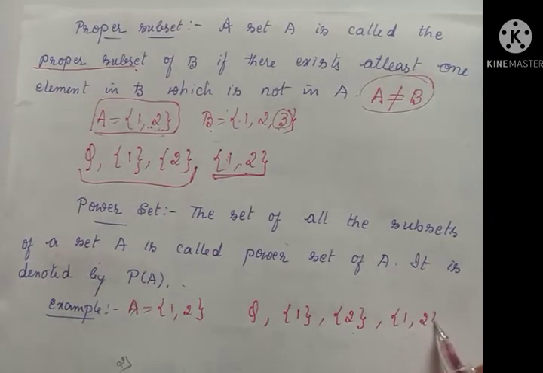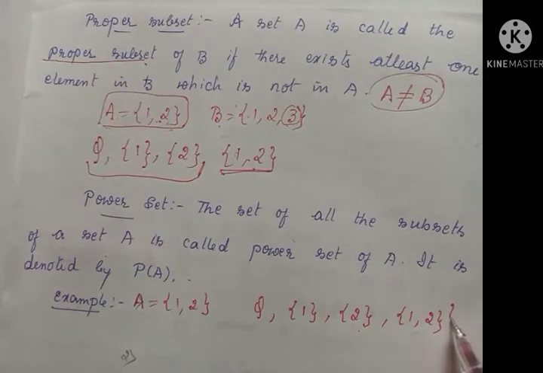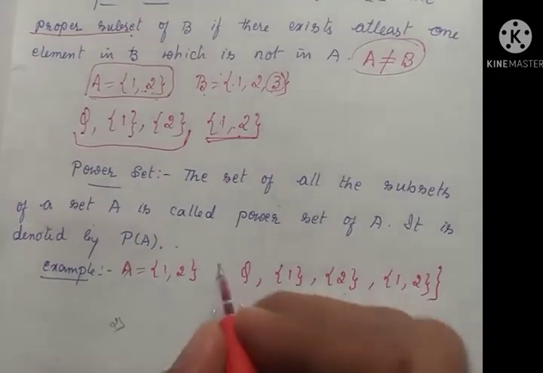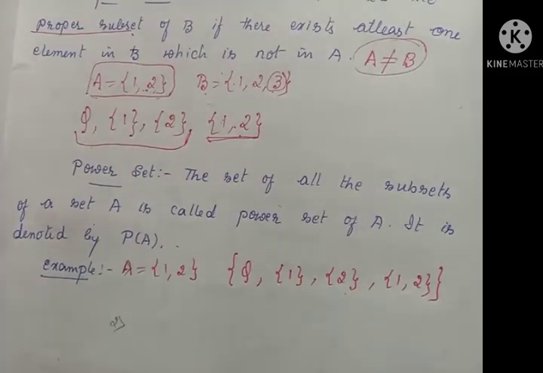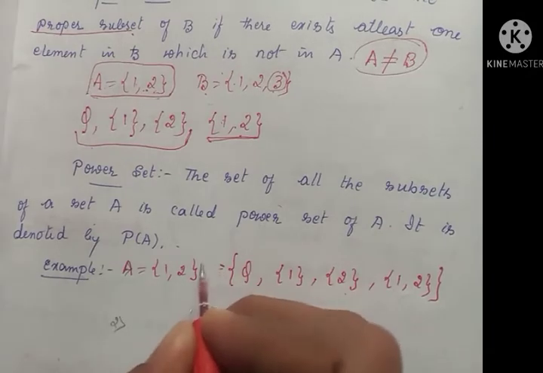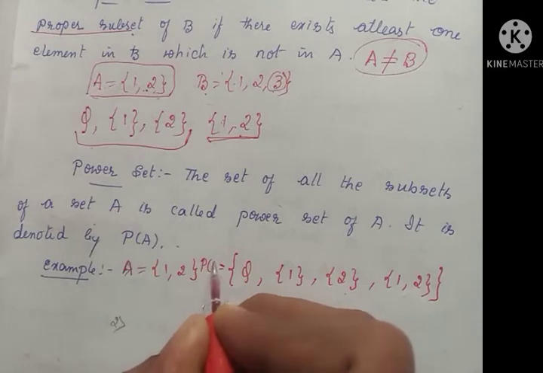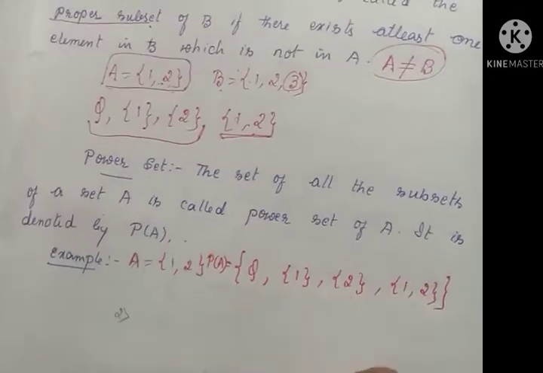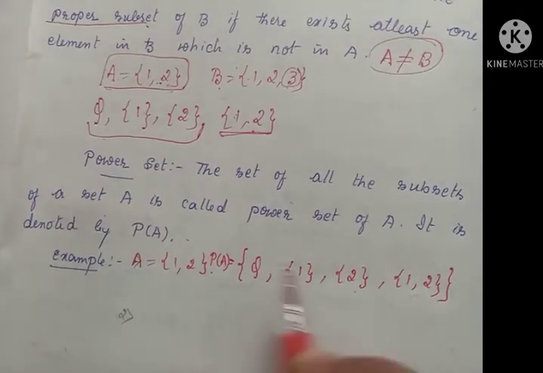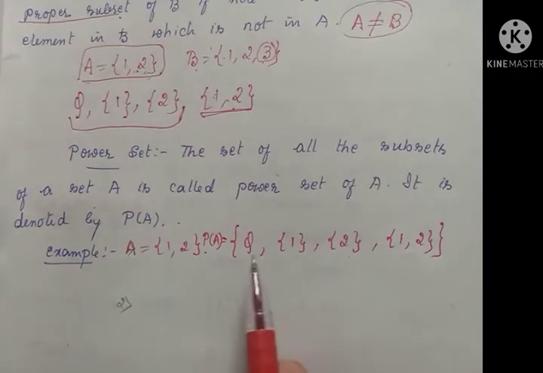If I write all these elements within the curly brackets, this is nothing but the power set of the given set A. We write that as P(A). So P(A) is the collection of all the subsets.